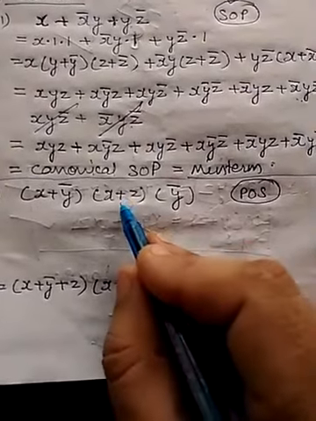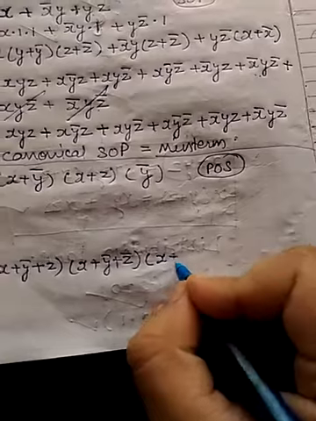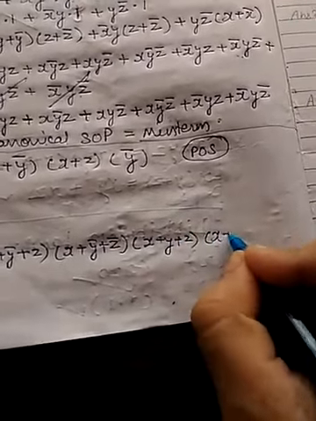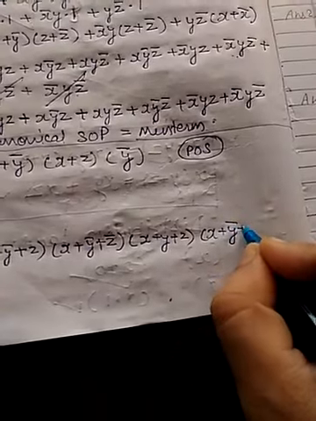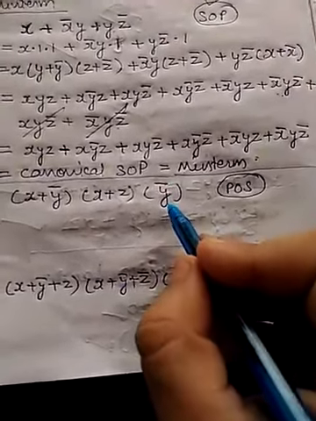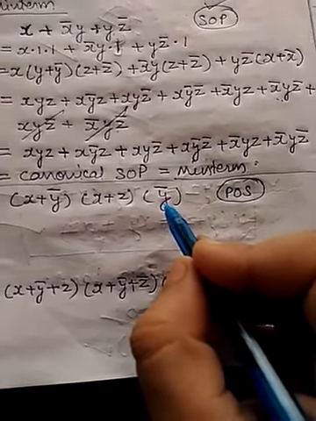Likewise here, y is missing, so the combination will be x plus y plus z, and another will be x plus y naught plus z. Here x and z are missing, so there could be four possible combinations of x and z.